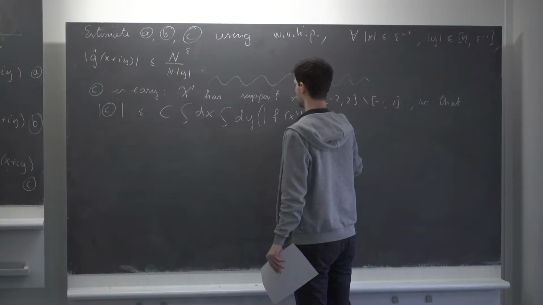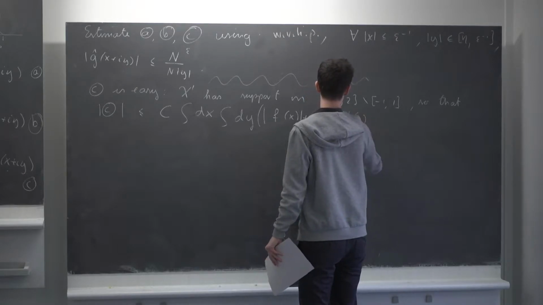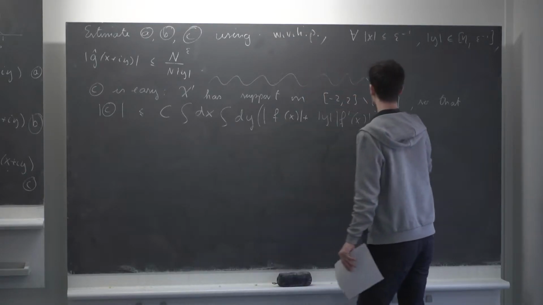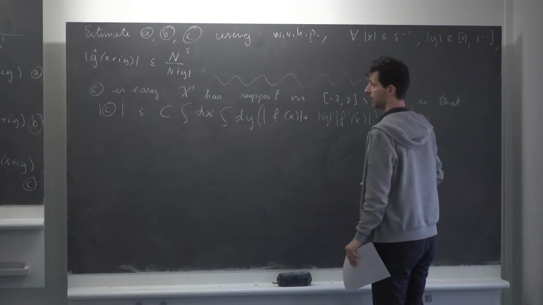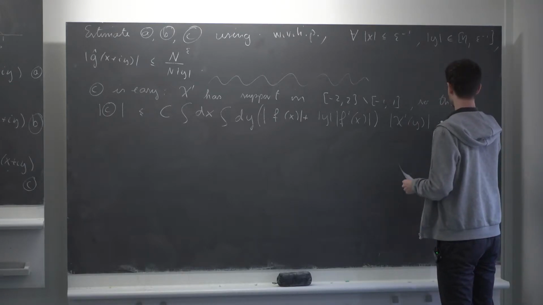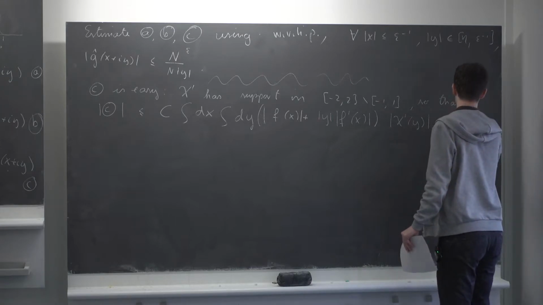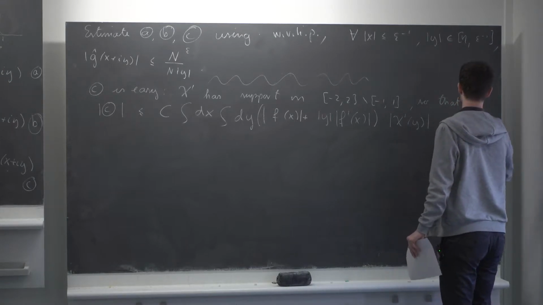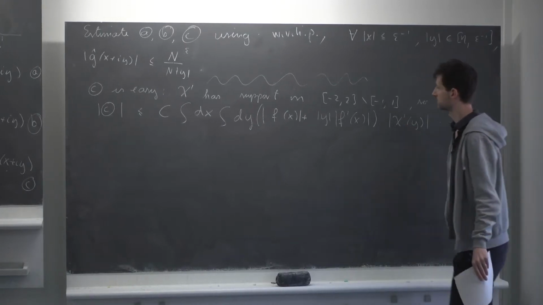Y, well, y is bounded, so I can forget the y if I wish, but I can keep it for now. This is important. And G prime is bounded by that precisely because of this fact here.